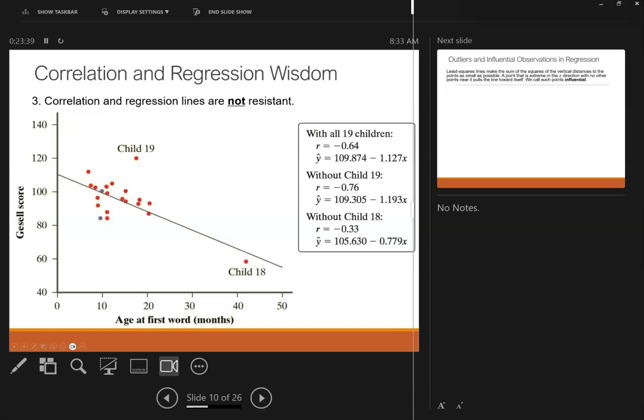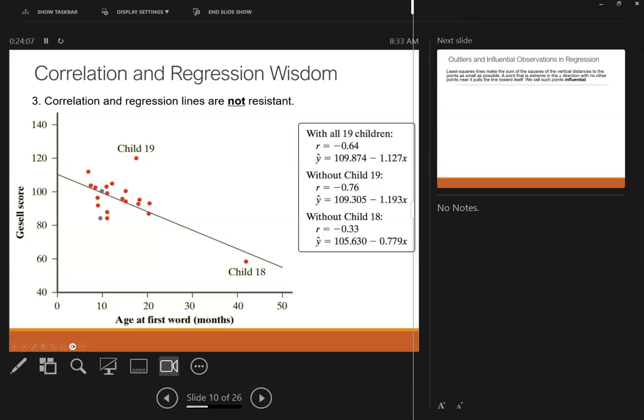So if I go back and look here, child 19 is an outlier in the y direction, right? It's much higher than the rest of our points. But there's lots of points that have a similar x value, right? Child 18 is an outlier in the x direction because there are no points that are near 40 in the x. That's what we're talking about.